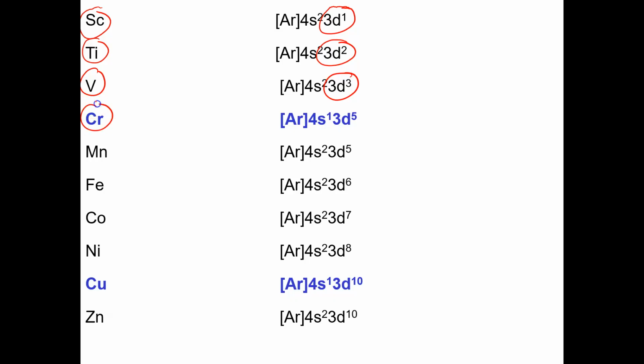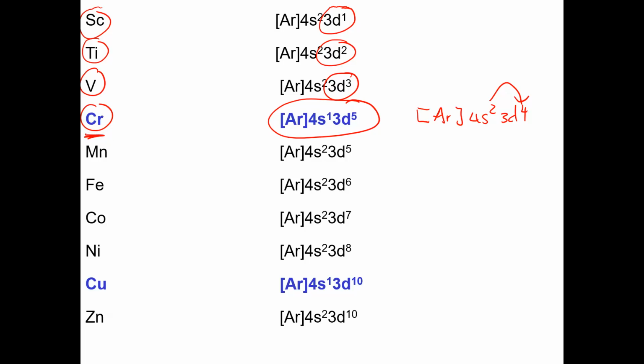Now chromium, you might expect that it would be argon 4s2 3d4, but there's actually an exception to the rule. We steal an electron from the 4s and we put it into the 3d. So there's an exception there for chromium, which is why I highlighted it in blue.